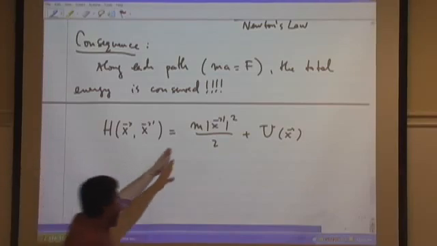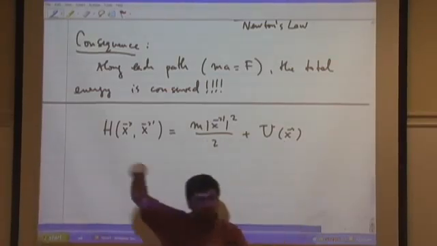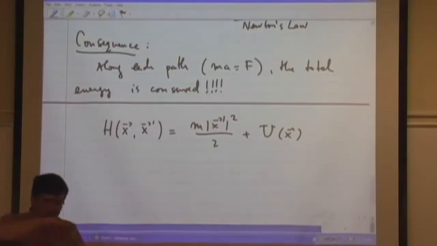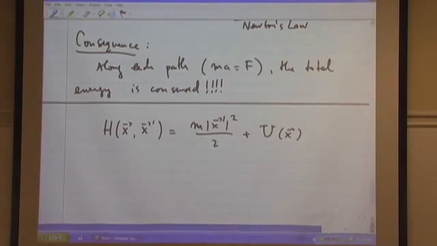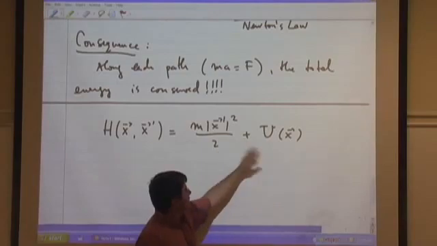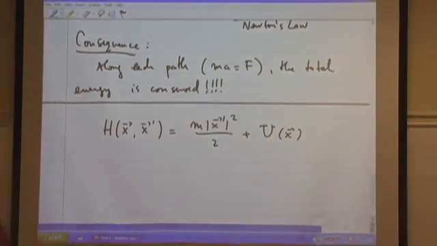You can compute this. It's going to be a function of time along that path, right? Well, this statement is saying that along the optimal path, this quantity is independent of t. It's constant. If you think of this as kinetic energy and this as potential energy, it says that the sum of the two stays constant. Okay?